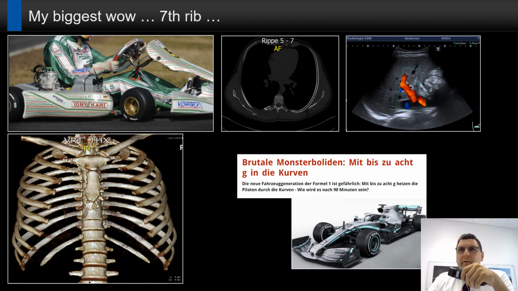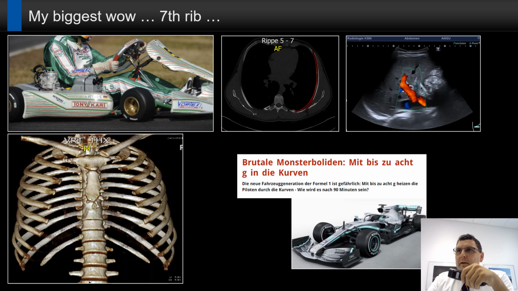It was exactly on the 7th rib, and we did a CT to also rule out any internal injury to the spleen and to the liver and so on. But on the 7th rib, we could not see anything.